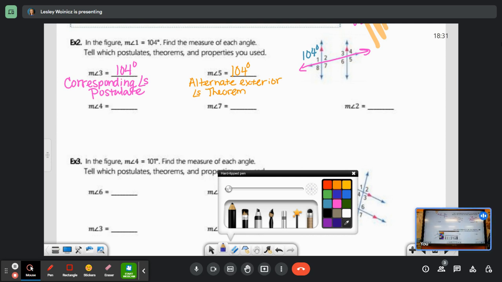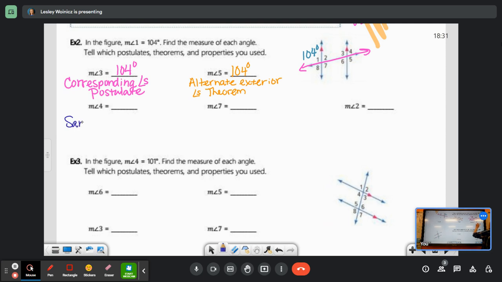Okay, angle 4. Angles 1 and 4 are still in the exterior, but they are on the same side of the transversal. So they are same side exteriors. Same side exterior angles theorem, which says that they have to be supplementary.